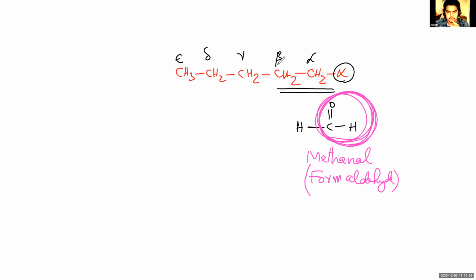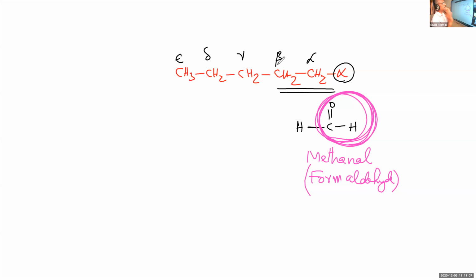If there is no alpha carbon, then how can there be alpha hydrogen? What is alpha hydrogen? Hydrogen on alpha carbon. See here, the hydrogen atom is directly linked to the functional group.